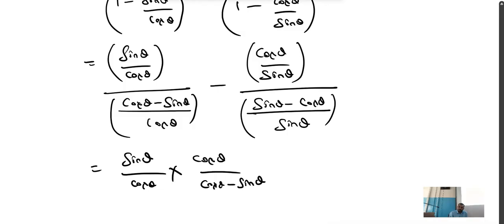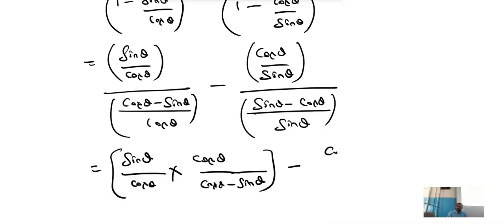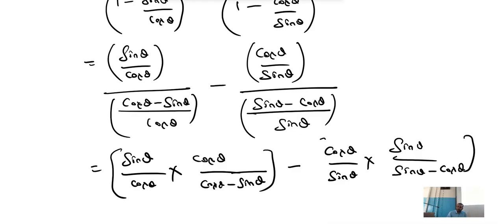Something we have done previously. Remember the step? We did one problem just now. Minus cos theta by sin theta into, it goes up, it becomes sin theta by sin theta minus cos theta. Understanding some hint?